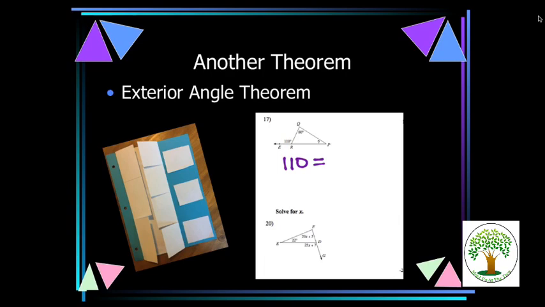What is what? Someone help me out. 110 equals what plus what? The answer is 30, but when I'm in my equation here, I did 110 minus 80.